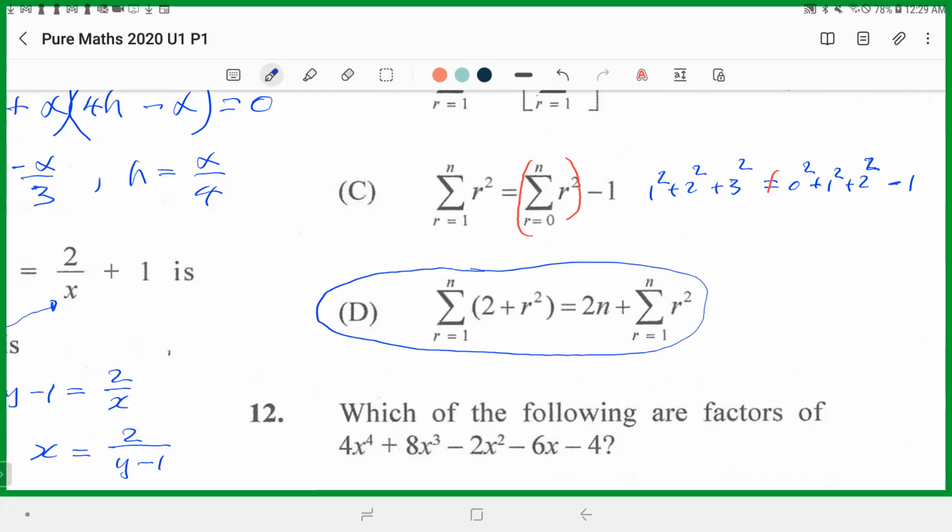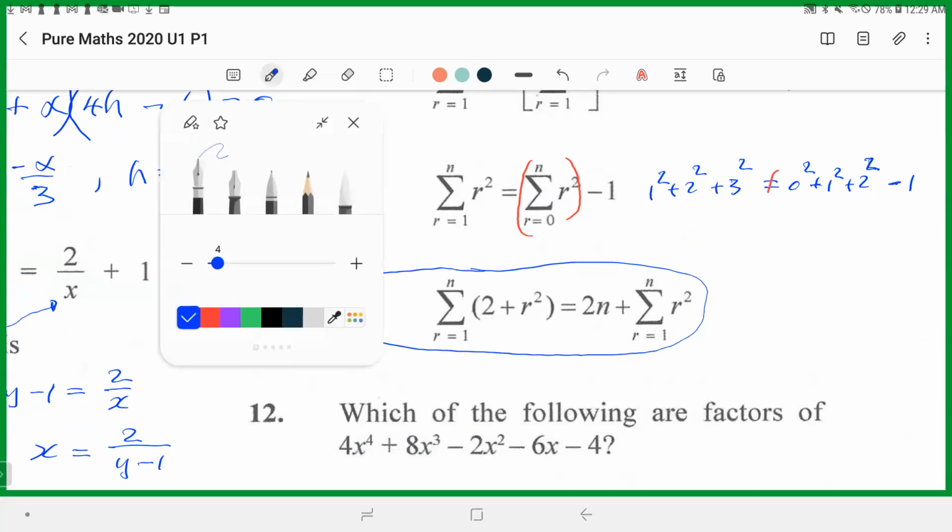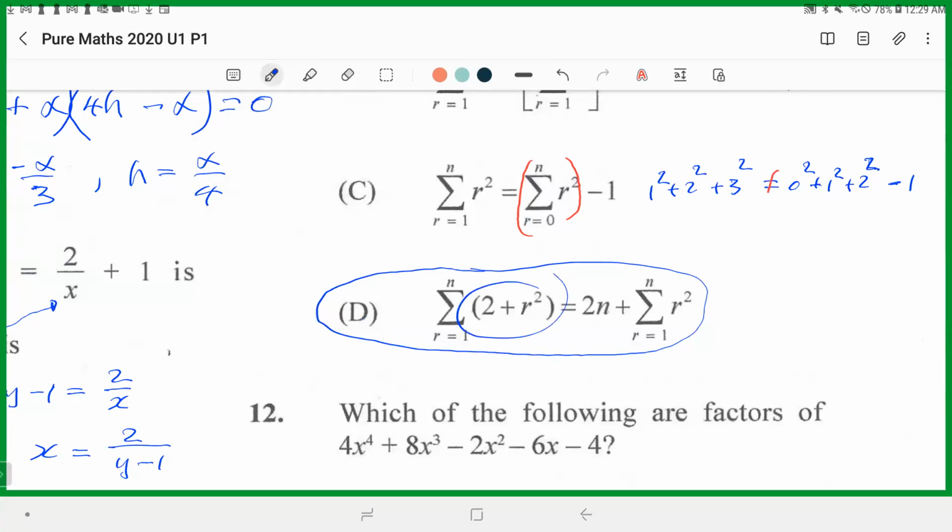How do we come to that? Because this summation can be broken out into the sum of 2 plus the sum of r squared. So it becomes the sum of 2 plus the sum of r squared from 1 to n.